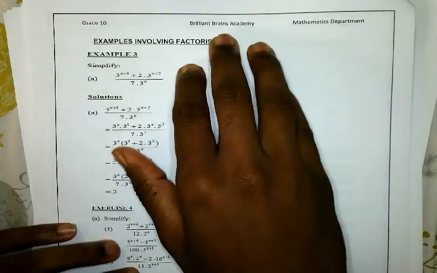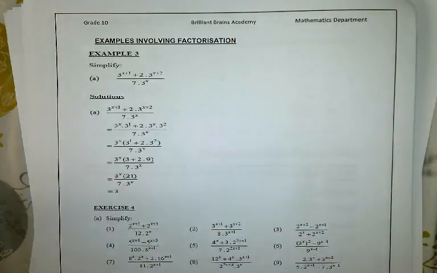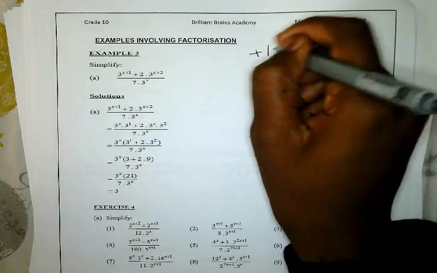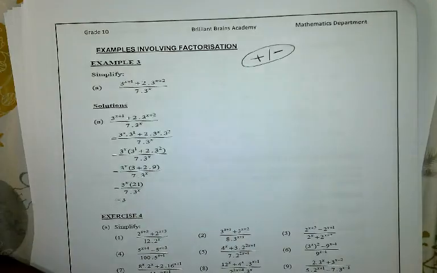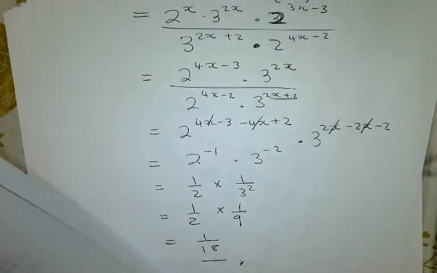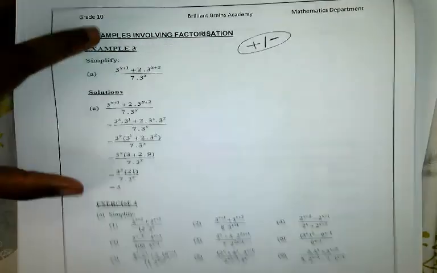Once you see a plus or a minus, so far what we've been doing, there was no plus or minus in between. It was just multiplication. Can you see? But once we have a plus or a minus in between, you know that you are going to do what? Factorize. All the time.